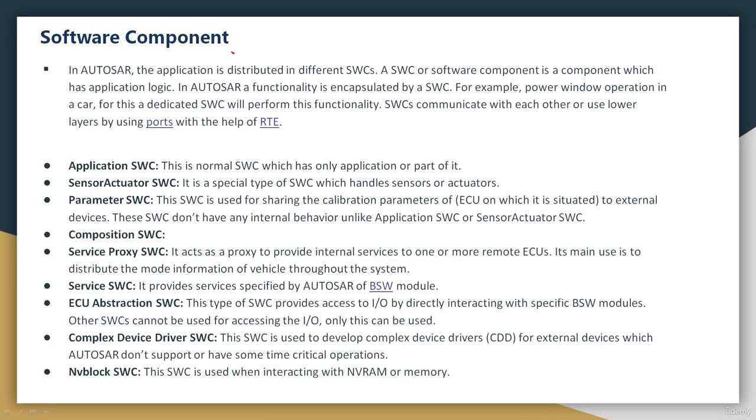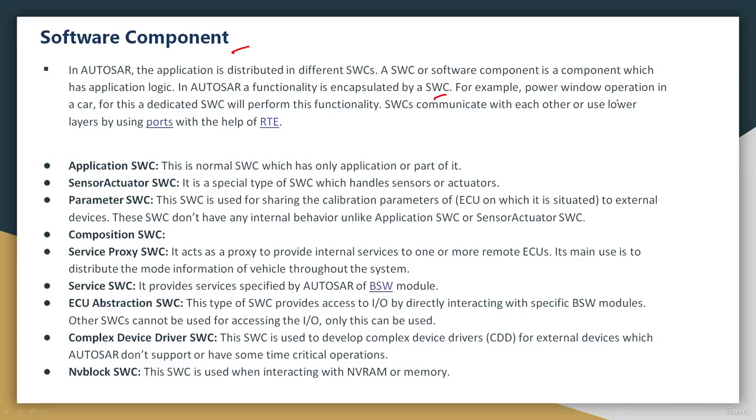First is software component. So in AutoSAR, your application is distributed in different software components. The software component is that component where your actual application logic is written. So in AutoSAR, a functionality of your application will be encapsulated by a software component.